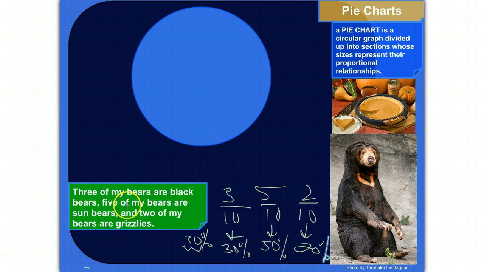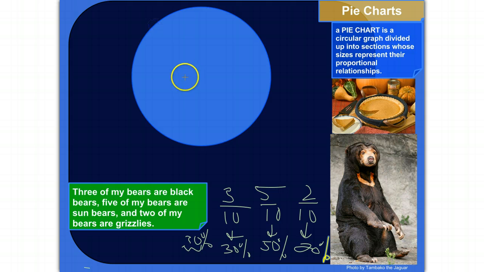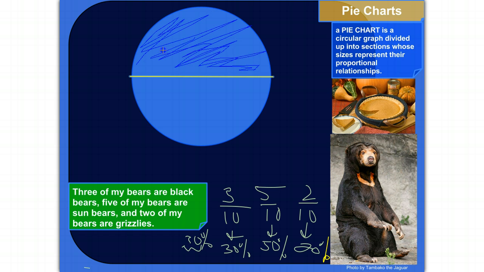So these are the sun bears. Let's pick a color that'd be good for a sun bear. How about yellow? So 50% of my bears are sun bears, so half the pie would represent that. I'm just going to fill in, pretty sloppily, a section of the pie chart that represents 50%, in other words, halfway around.